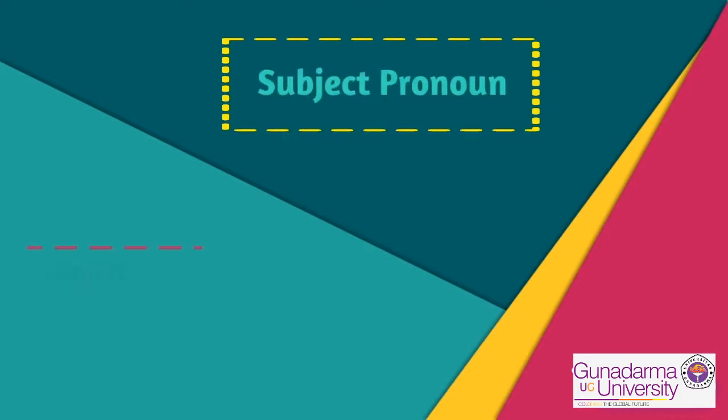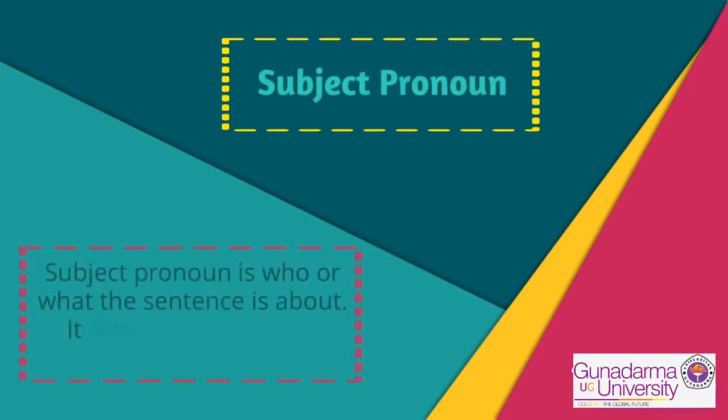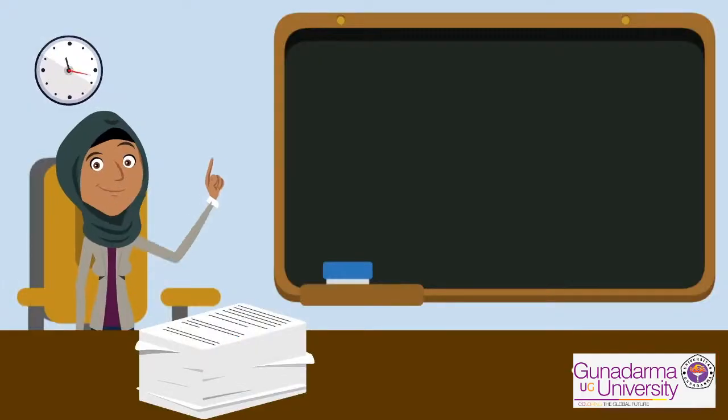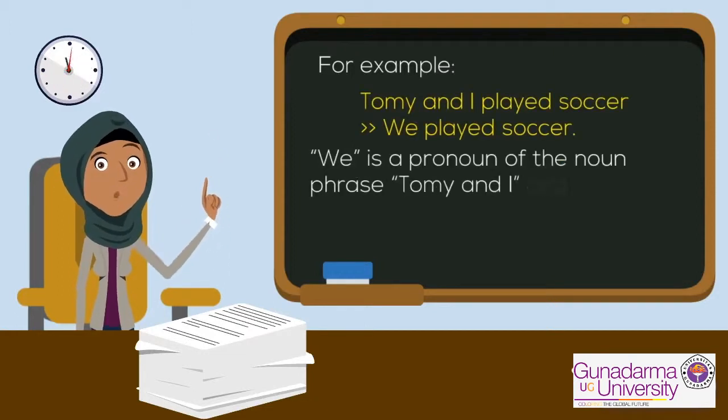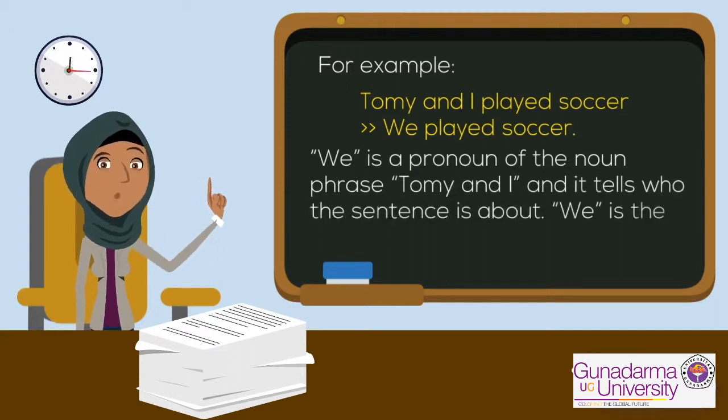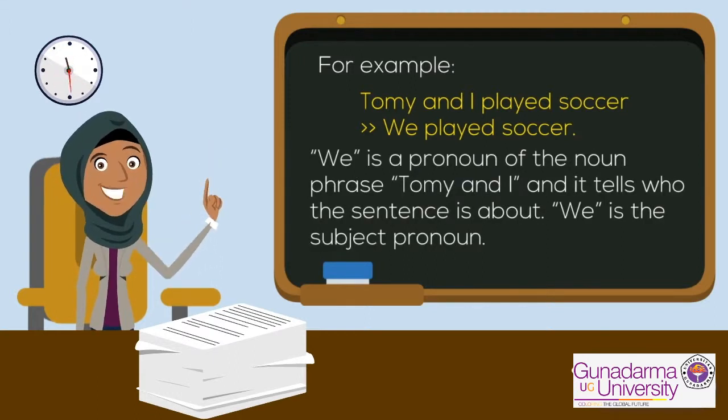Subject pronoun. A subject pronoun is who or what the sentence is about. It acts as a subject in a sentence. For example, Tommy and I played soccer. We played soccer. We is a pronoun of the noun phrase Tommy and I, and it tells who the sentence is about. We is the subject pronoun.